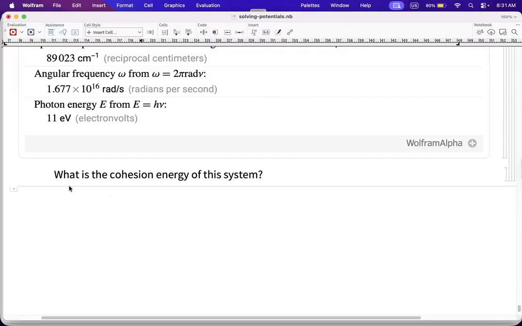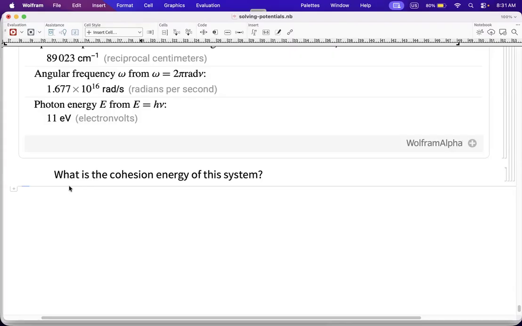So what is the definition of the cohesion energy? The cohesion energy is just the energy you need to split apart the system, right? So, if you like, this is the molecular state minus the energy when the two atoms are far away. So we're going to use this definition.